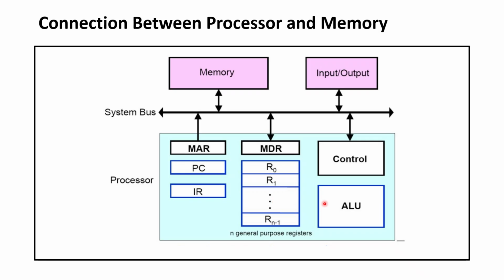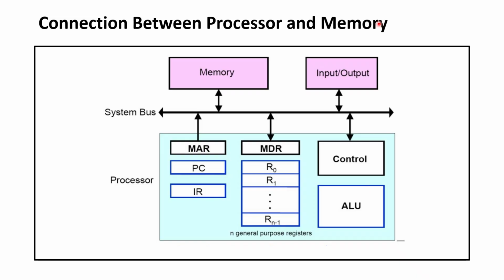Alongside, we have general purpose registers labeled R0 to Rn-1, which store data and intermediate results. The control unit directs the flow of data and coordinates operations, while the ALU, or arithmetic logic unit, performs calculations and logical comparisons.